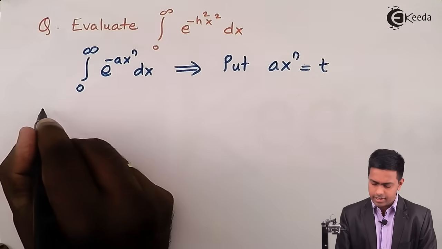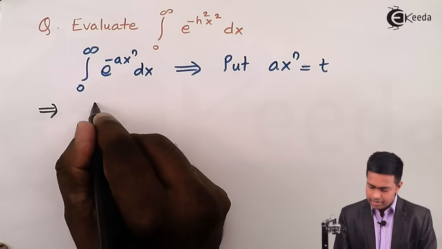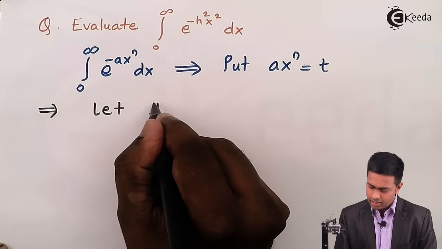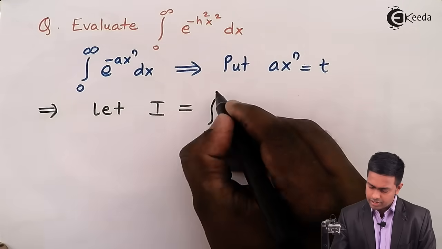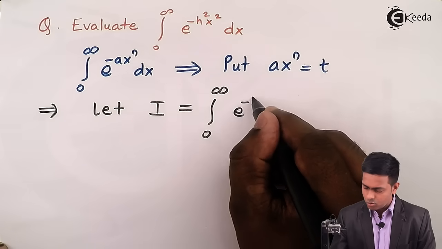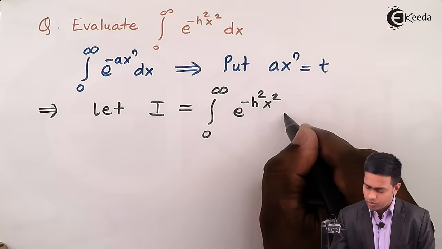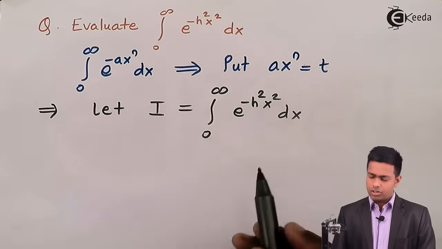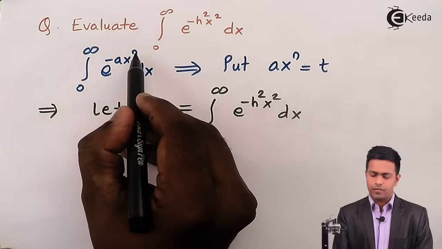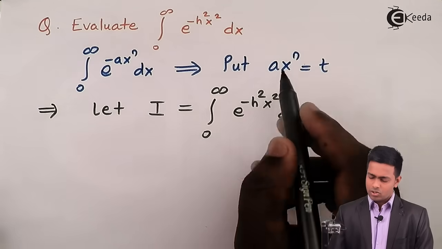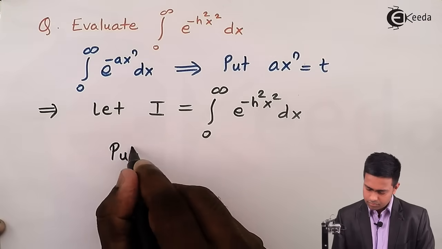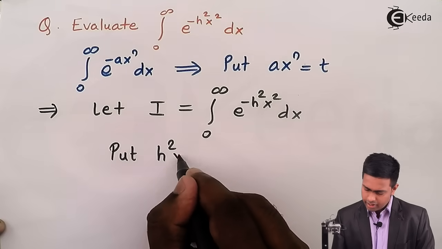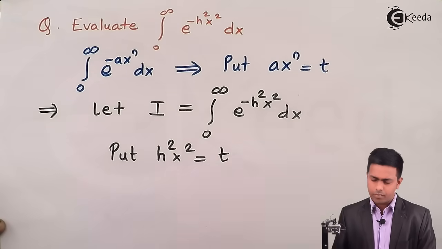So now our question is matching with this form. Here I'll say let the integral I be equal to integration 0 to infinity e raised to minus h square x square dx. So this power is of the form a x raised to n. So I'll say put h square x square equals t.